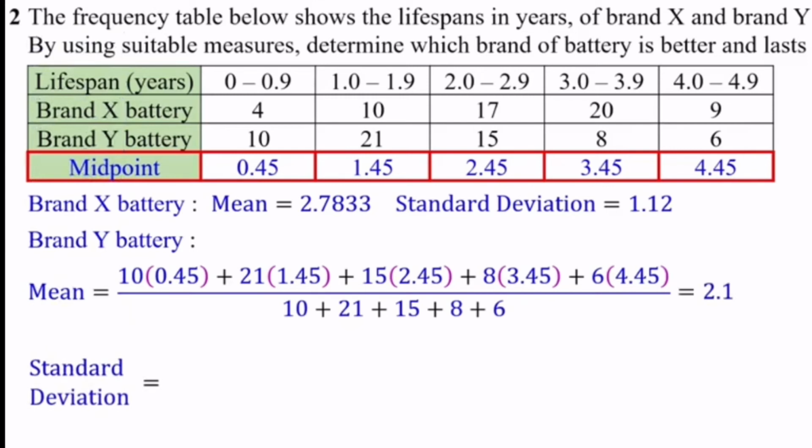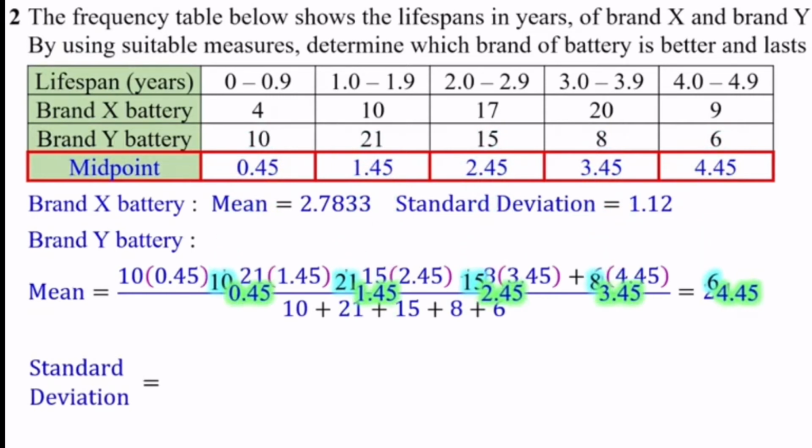We are going to use the mean for the standard deviation. To find the standard deviation, we take the frequency multiplied by the midpoint, but remember to square the midpoint.